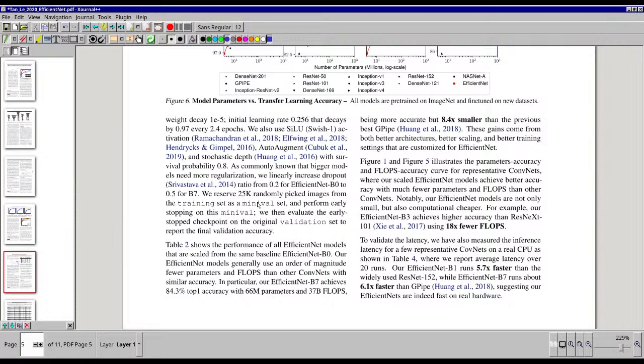Table 2 shows the performance of all EfficientNet models. Notably, all of them use fewer parameters than other ConvNets, in particular EfficientNet-B7.